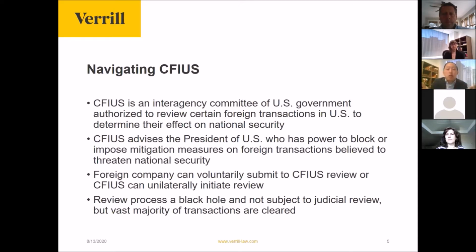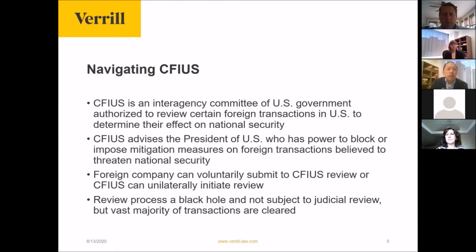CFIUS can consider a broad range of factors that implicate national security, and they don't have to disclose the specific factors that go into their decision. Obviously, some of the factors can be whether the company collects sensitive personal information from U.S. citizens, whether it's classified as government contracts, whether the investor has foreign government ownership, right?